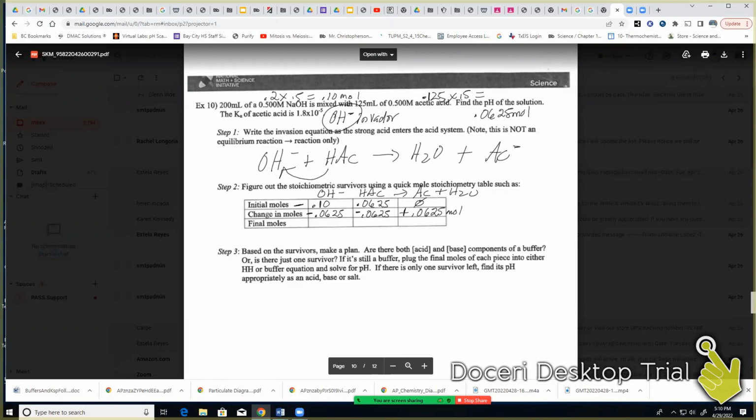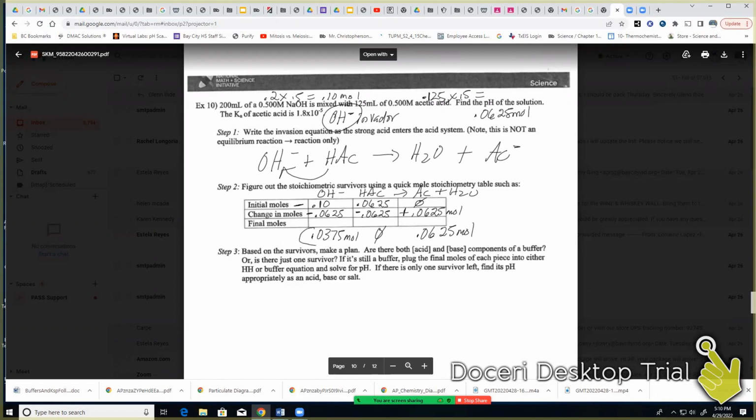So when I am over here, I end up having 0.0375 moles, nothing here, and over here I had 0.0625 moles. In this case, I had some hydroxide left over and then I had the salt.